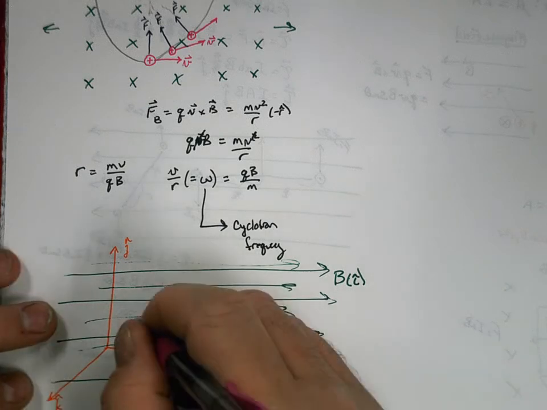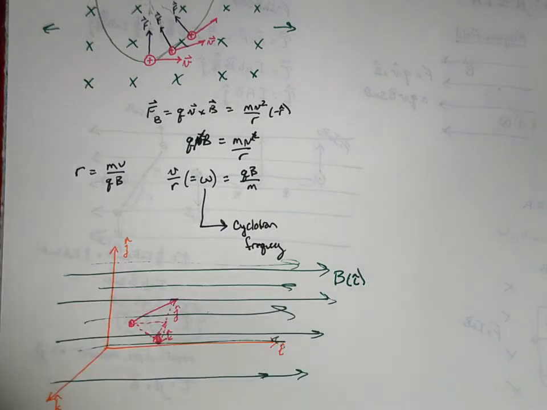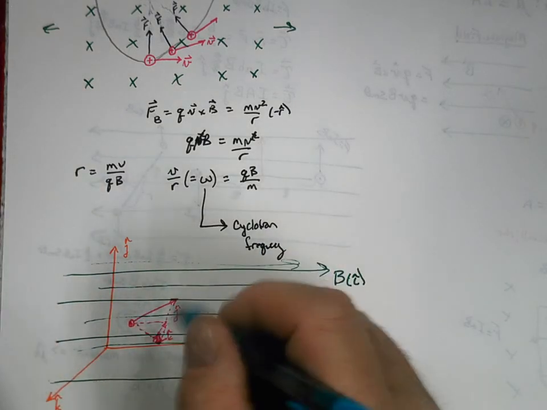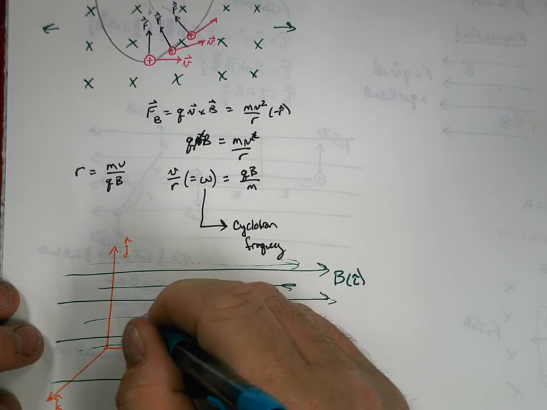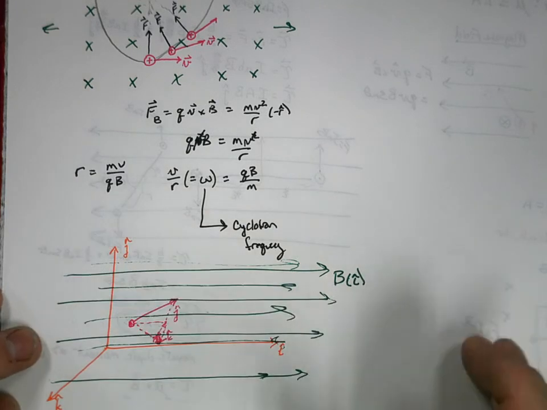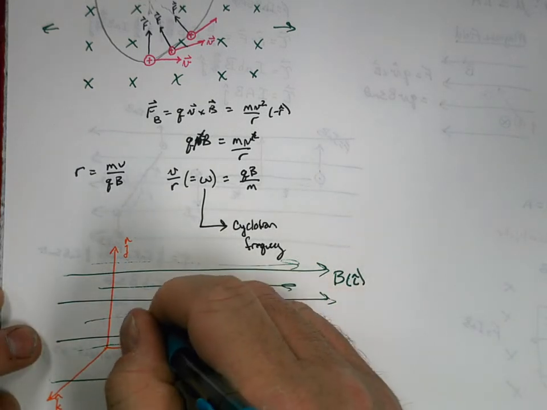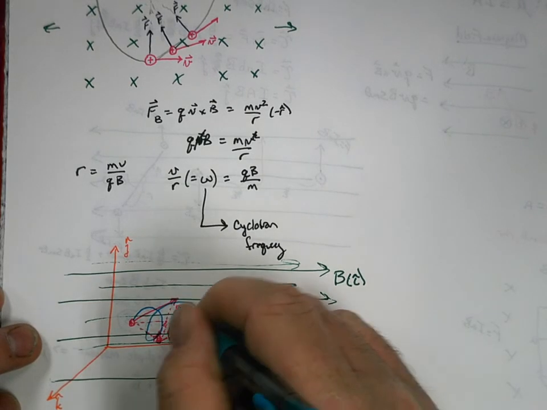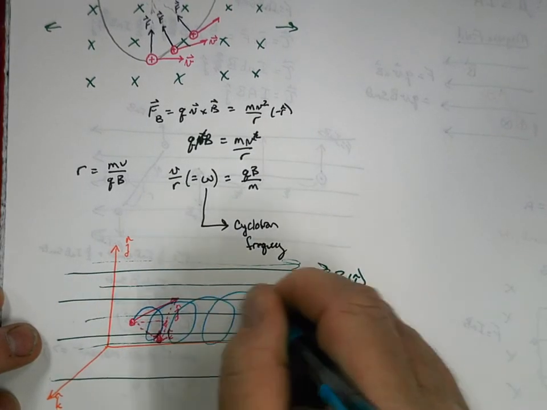And that actually causes the path of this charged particle to spiral.